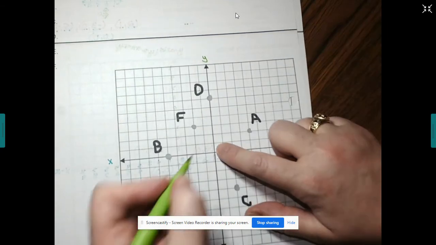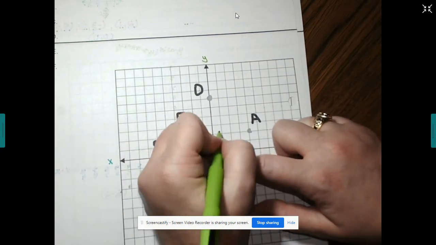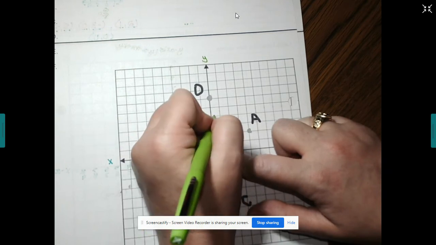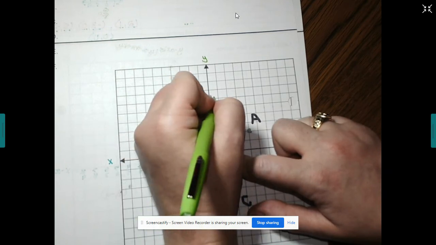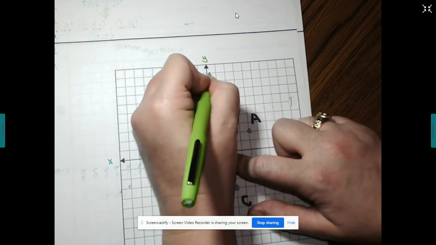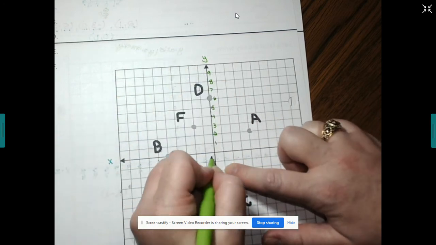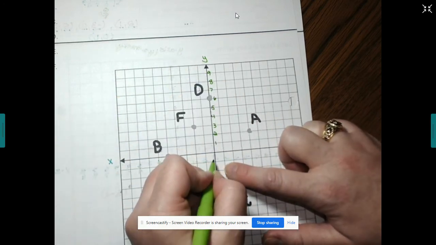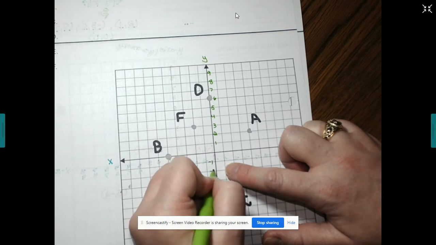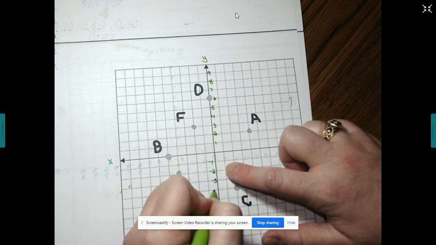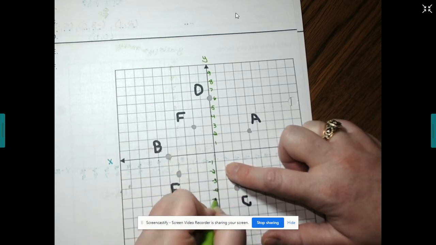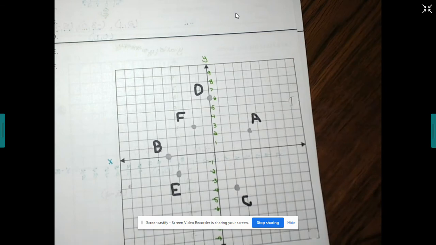Okay, and I actually know this is 1, 2, 3, 4, 5, 6, 7, 8, 9. That's 0. So then this is -1, -2, -3, -4, -5, -6, -7, -8, and -9.